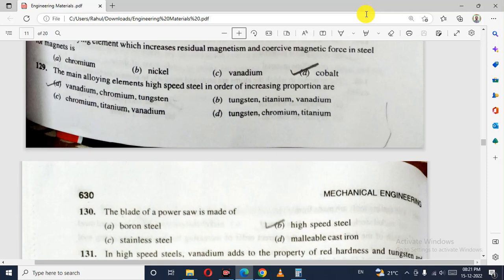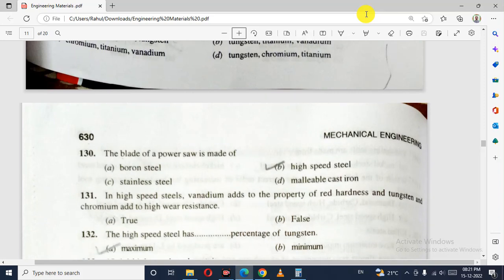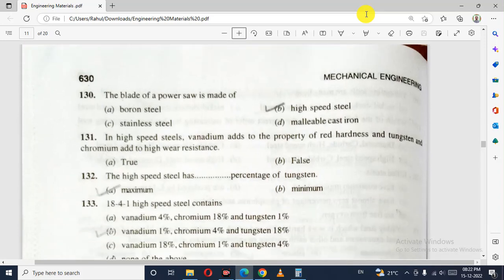The blade of a power saw is made of high speed steel. The high speed steel has the maximum percentage of tungsten. 18-4-1 high speed steel contains tungsten, chromium, vanadium.